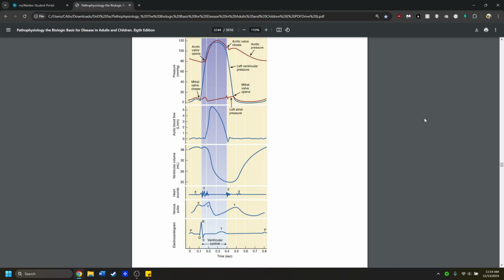Looks like here we have some different diagrams in regards to how the heart contraction occurs.